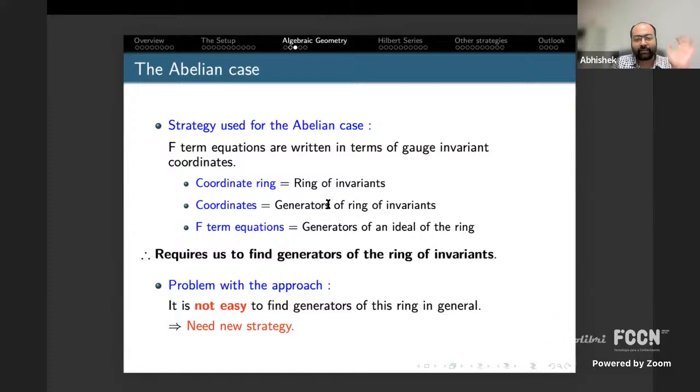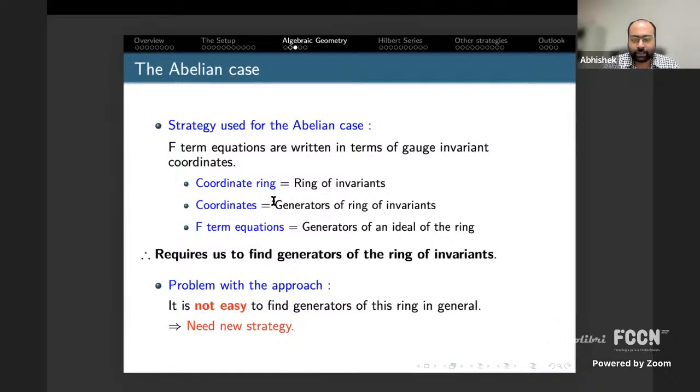Then you basically take all the gauge invariant variables that you have, mod it out by these F-term equations. You get this coordinate ring, which is this ring of invariants, and then the generators of this ring of invariants will be the coordinates. Because it was the abelian case, it was relatively straightforward to do, but this thing is not straightforward to do for the non-abelian cases.